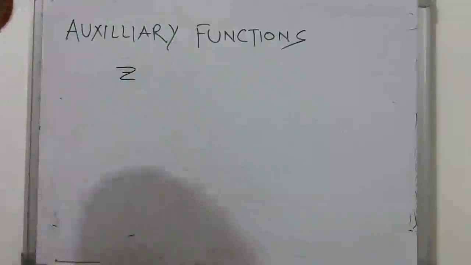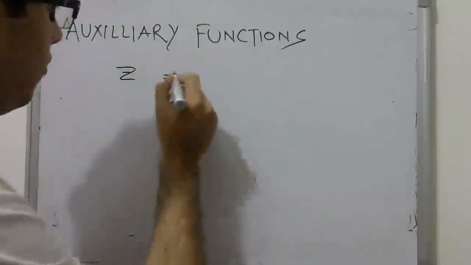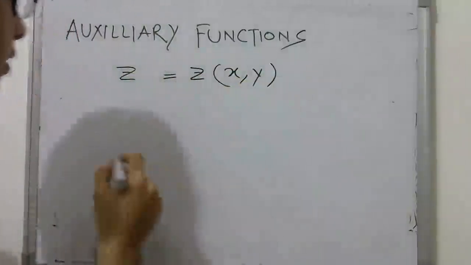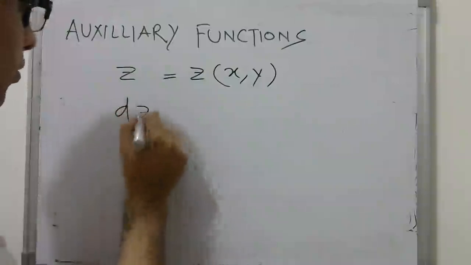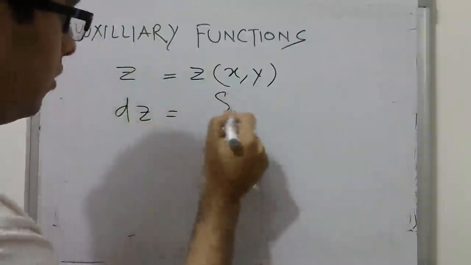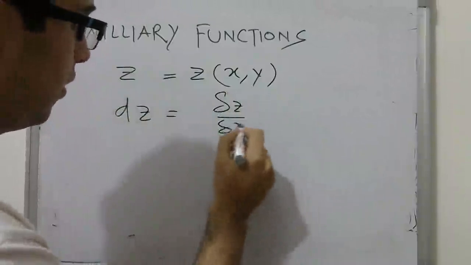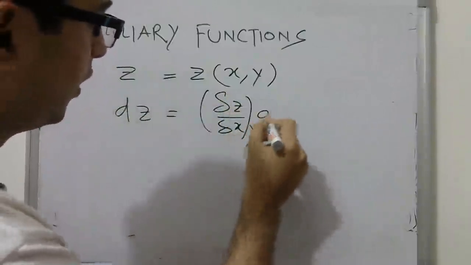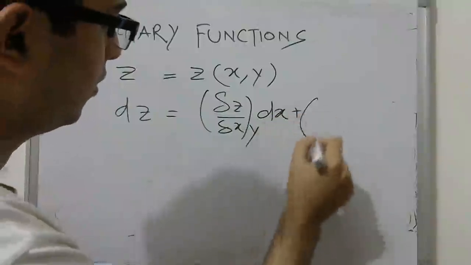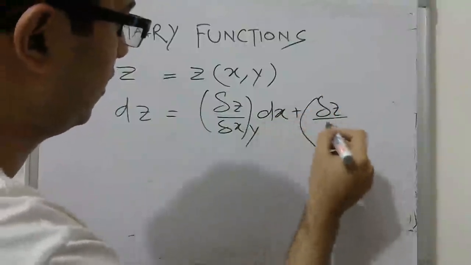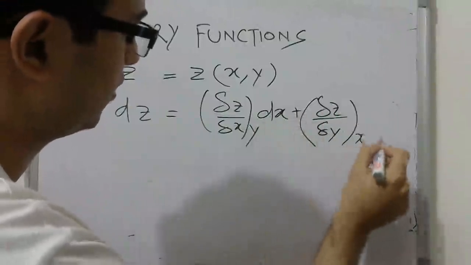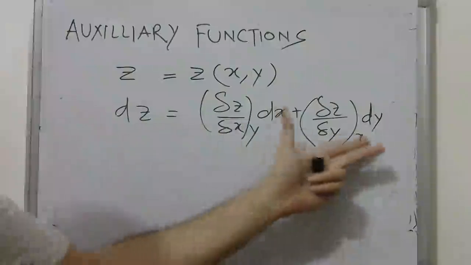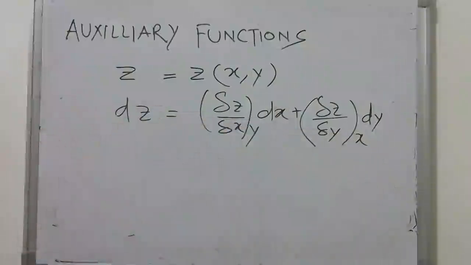If z is a function of x and y, then dz can always be written as del z del x at constant y into dx plus del z del y at constant x into dy. So this is the basic property.